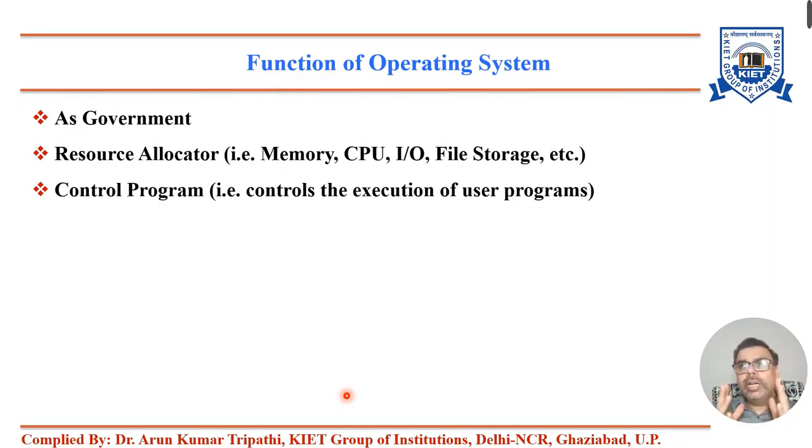So what resource may be allocated to a particular process? In another word, it works as a control program, means it controls the execution of the user program.